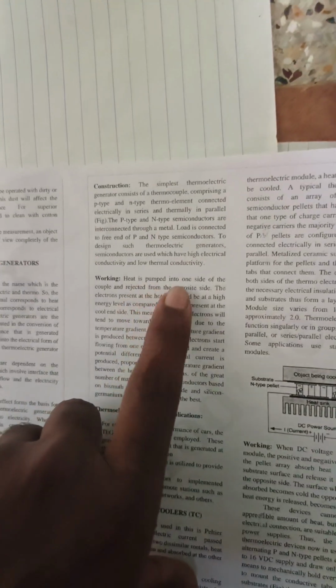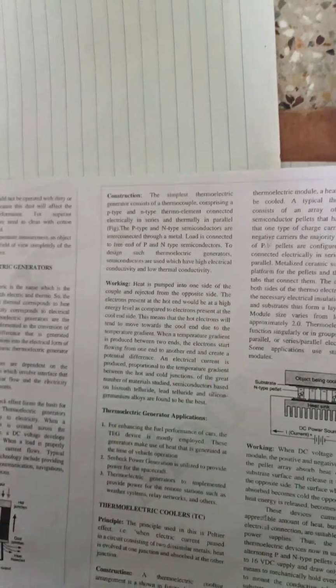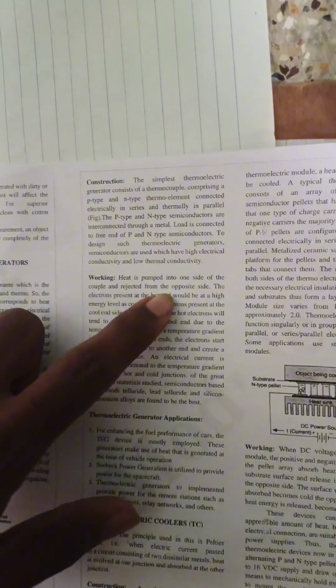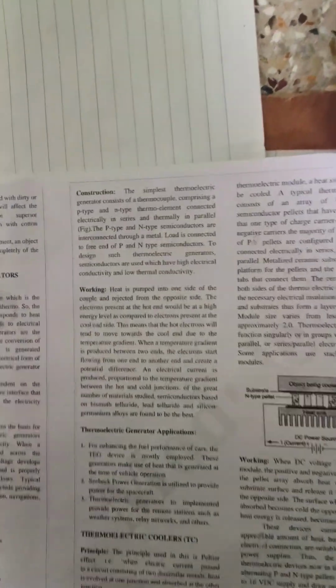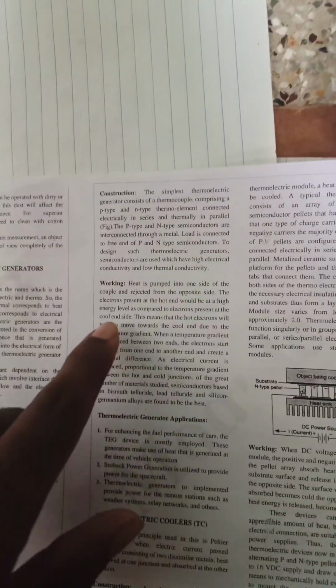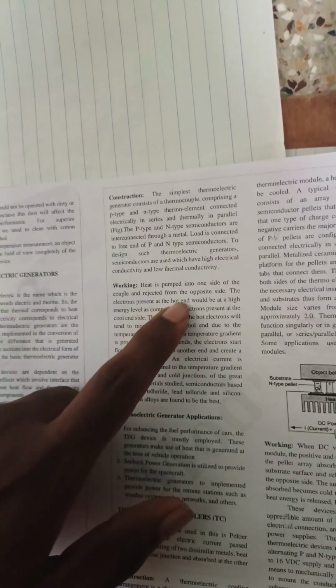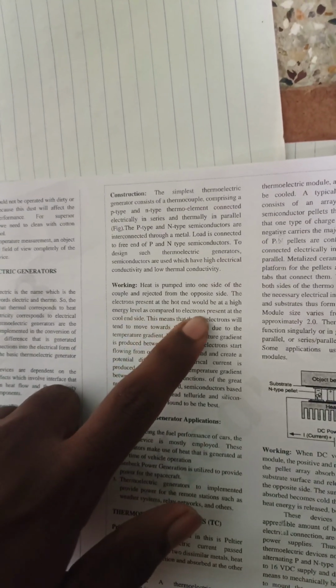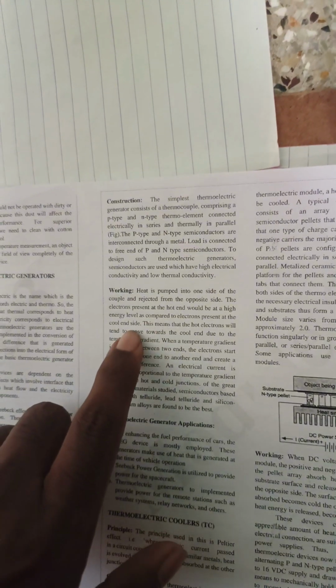Working: heat is pumped into one side of the couple and rejected on the opposite side. The electrons present at the hot end have higher energy levels compared to electrons at the cold end.